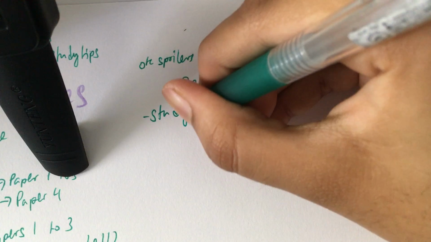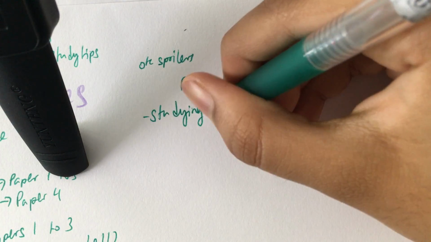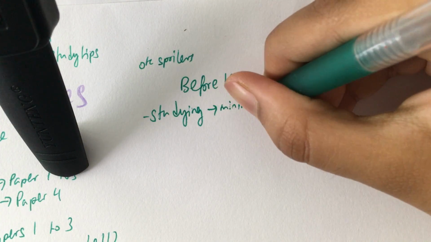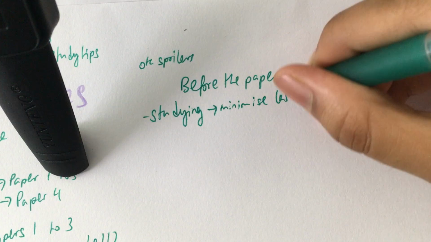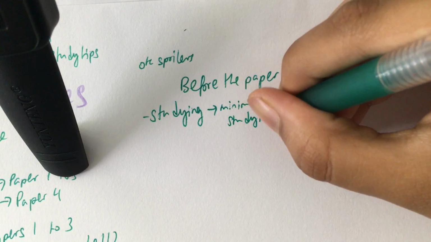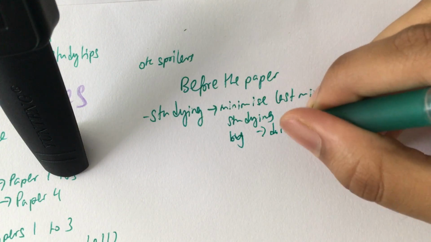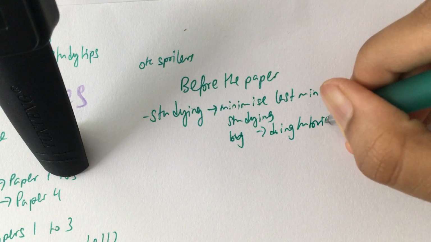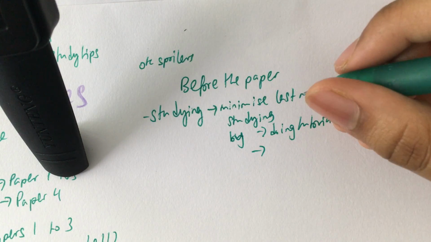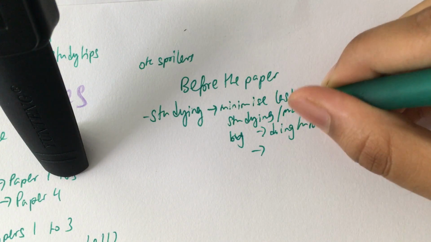So the main way to study is, of course, to first make sure you don't have to study as much. That means do your tutorials, and listen in class if you need to. If you already know what's going on, then fine, but do your tutorials at the very least. And if you have a problem in a certain topic, approach your teacher or your friends and ask them for clarification, so you don't have to put so much effort into studying that same topic again and again later on.